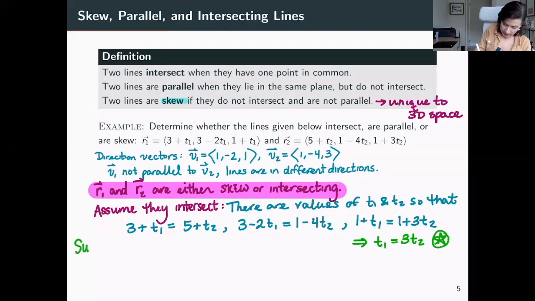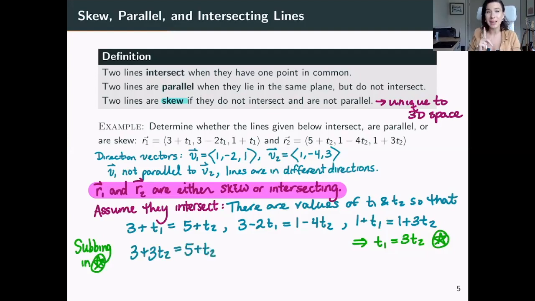So subbing in star, what we end up getting is 3 plus 3T2 being equal to 5 plus T2. So I'm down to a single variable. And in the other equation, I will get 3 minus 6T2 equal to 1 minus 4T2.